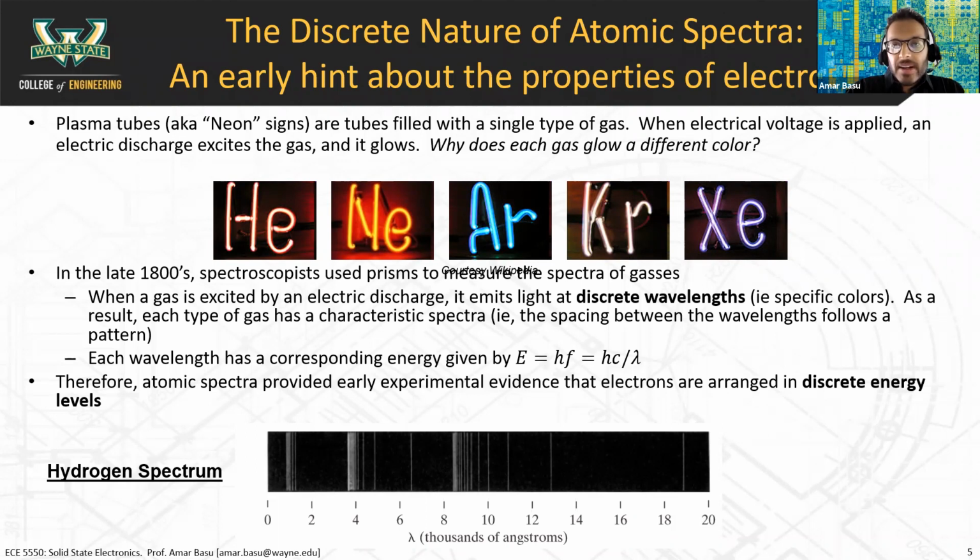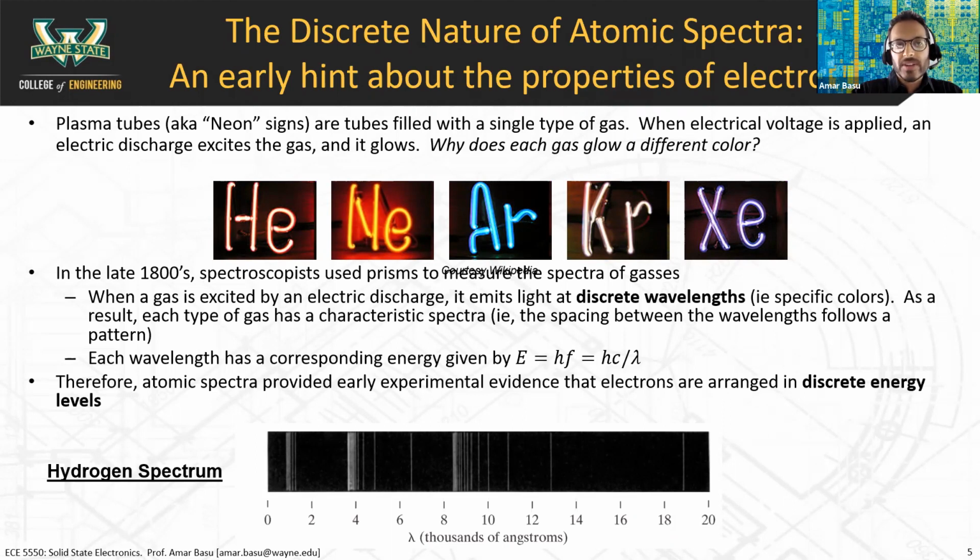And then you apply an electrical voltage to that gas. That electrical voltage will excite the gas, and the gas will begin to glow. For context, you've all seen neon signs. That's how they work. And you've also seen the long fluorescent light bulbs that you have in basements and things like that. Those are also the same concept: electrical discharges.